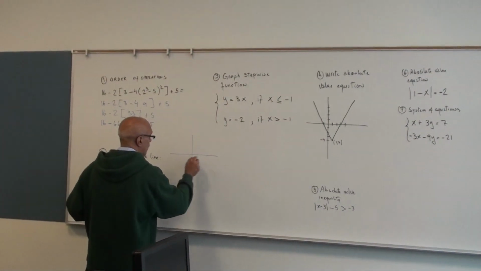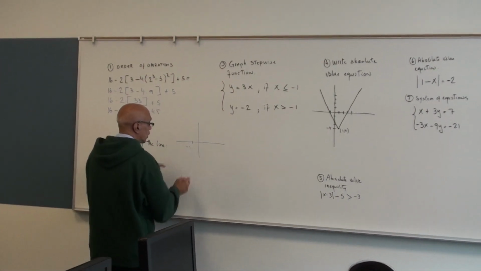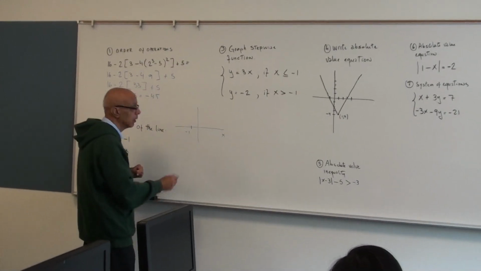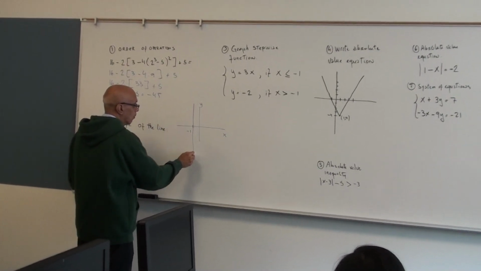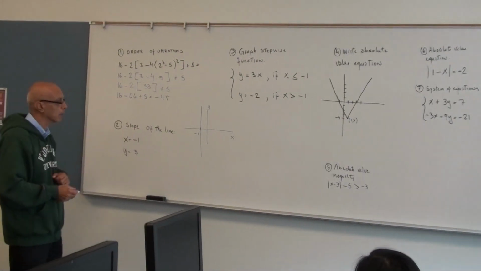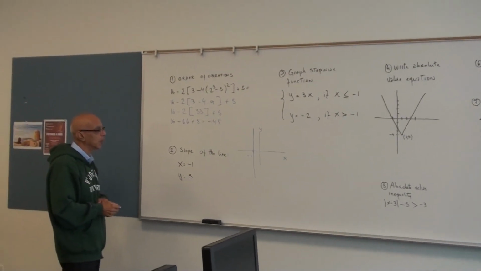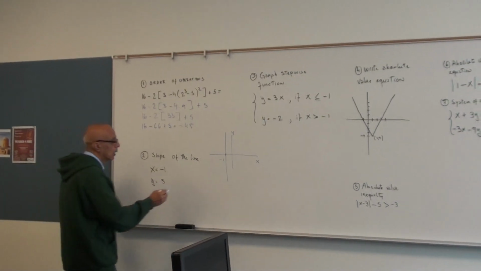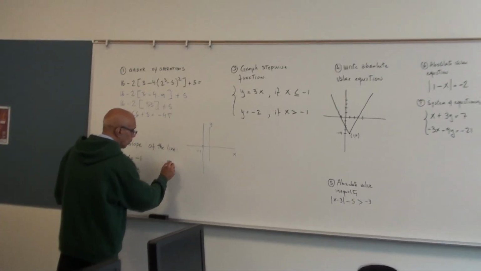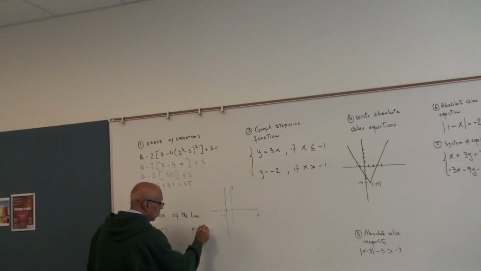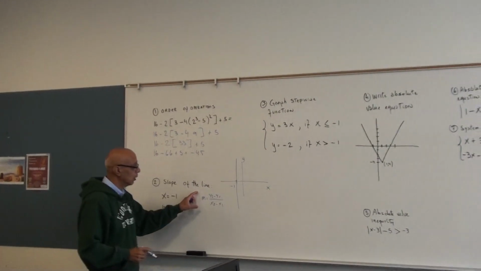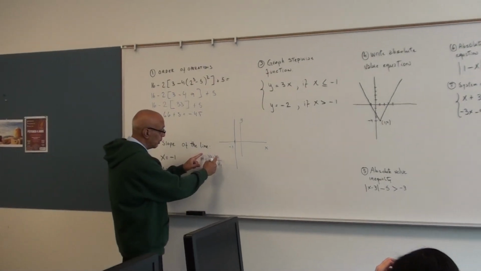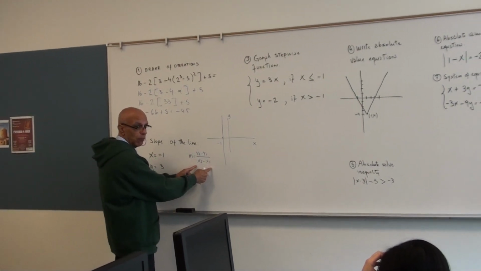So if I want to graph that, negative 1 is here. This is the x-axis. This is the y-axis. So that means the line is vertical. Okay? Vertical line. So what is the slope here? Well, if you look at the slope equation, y2 minus y1 over x2 minus x1, the slope is the change in y per unit of x.